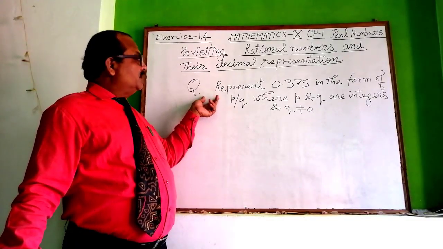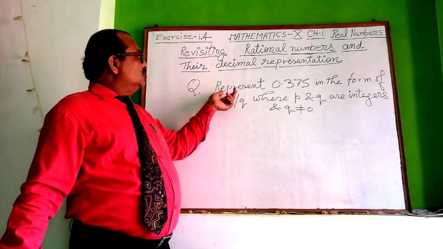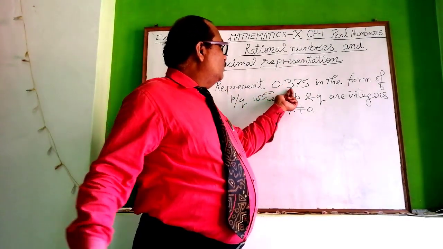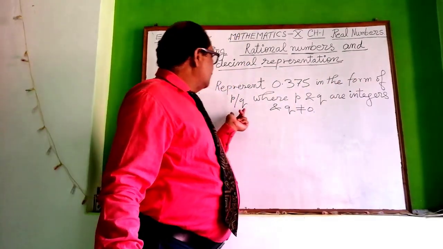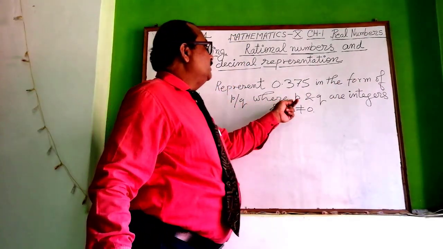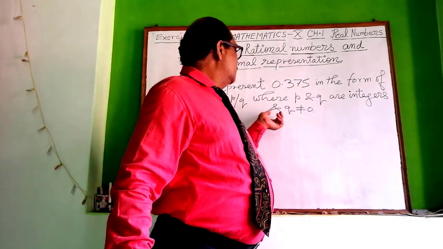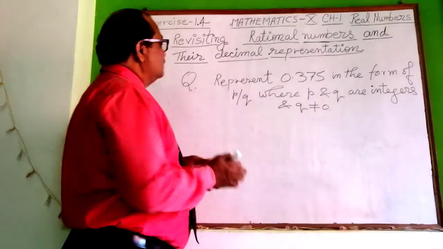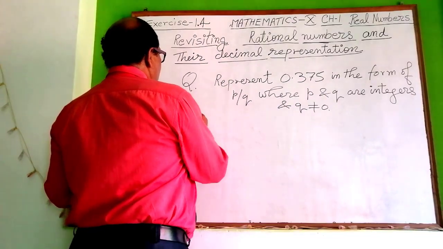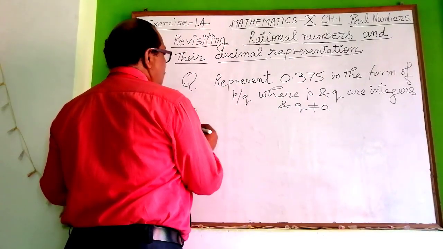One thing, I am taking one question. Represent 0.375 in the form of P upon Q, where P and Q are integers and Q is not equal to 0. You can see this number is given in the decimal form.